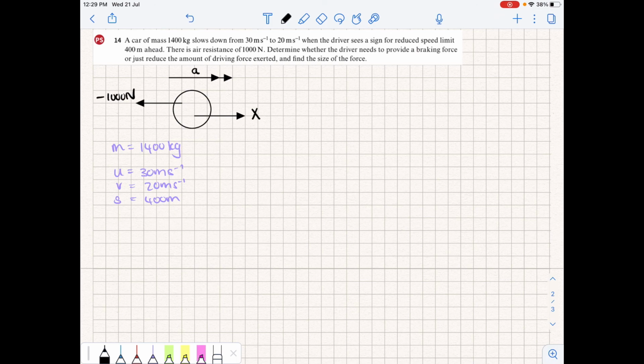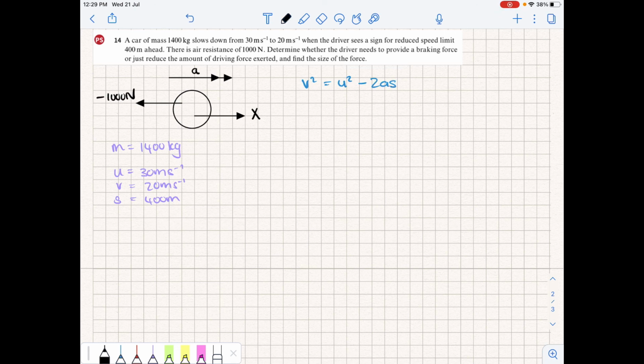Now, we need to work out a net force, which means we need mass and acceleration. We don't have acceleration, so let's work out our acceleration first. We've got initial velocity, we've got final velocity, we've got displacement, and we want to work out acceleration. So we will use v squared equal to u squared plus 2as.